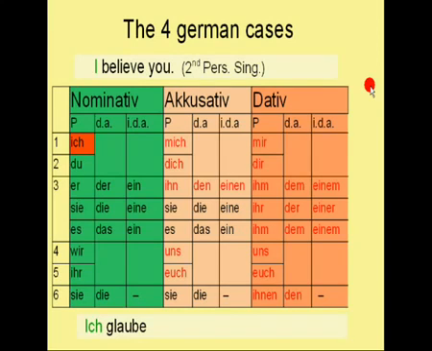Now you is obviously the object of the sentence, and the question is, is it a direct object or an indirect object? Well, in German, after the verb glauben, the object is indirect. Therefore, we have to look at the dative case. Here, at the second person singular. Which one is it? Dir. Therefore, the sentence is Ich glaube dir.